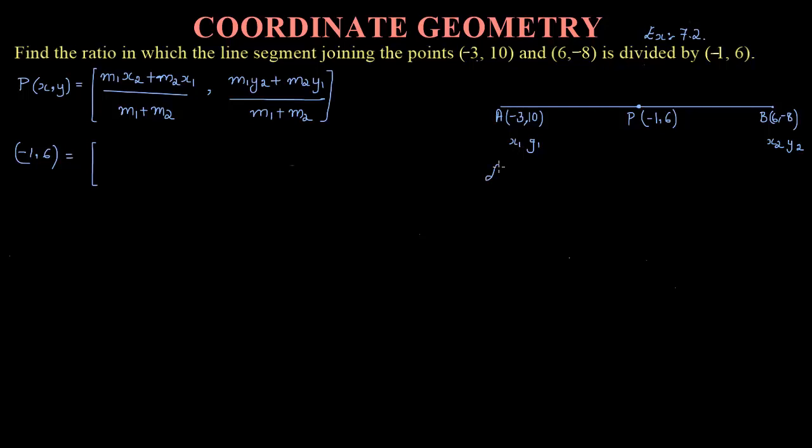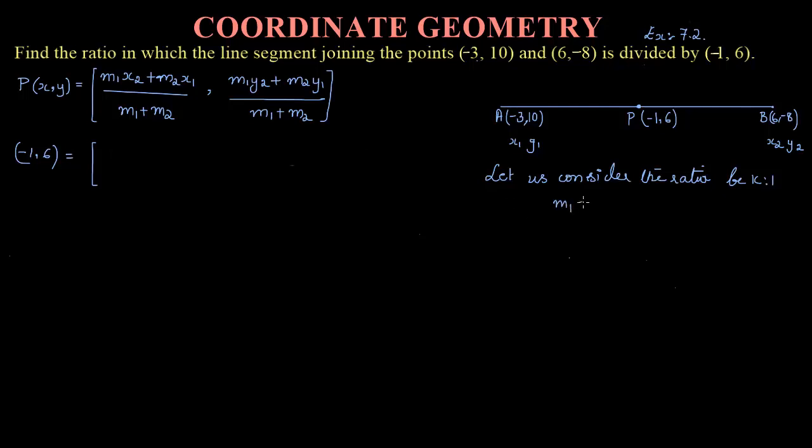So let us consider the ratio to be k:1. Okay, so we don't know the ratio in which the line has been divided, so we have considered on our own that let it be k:1, right?